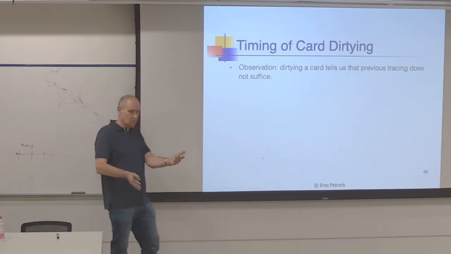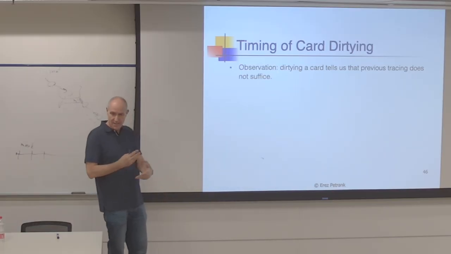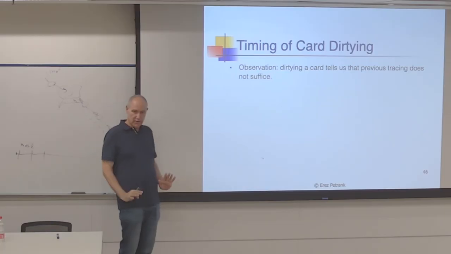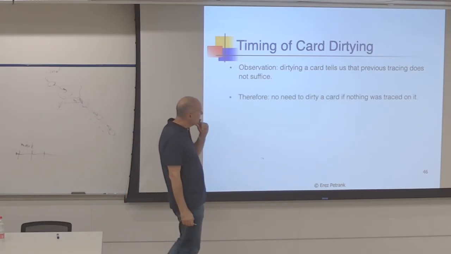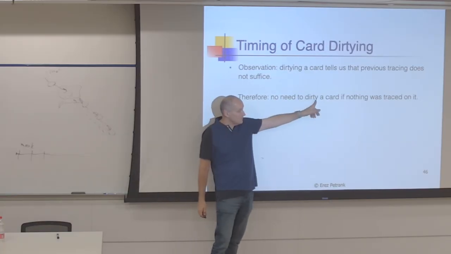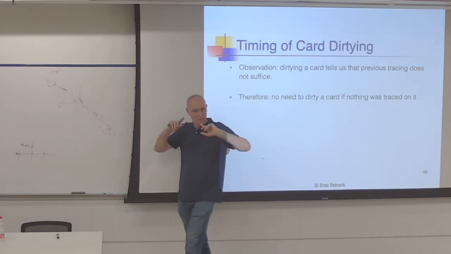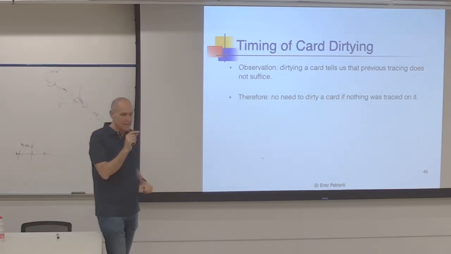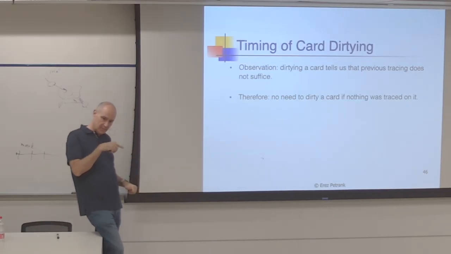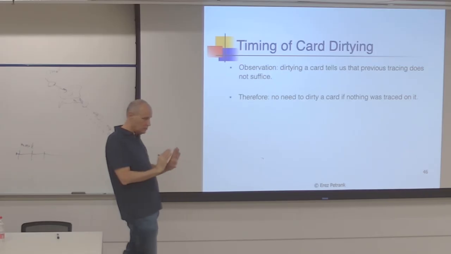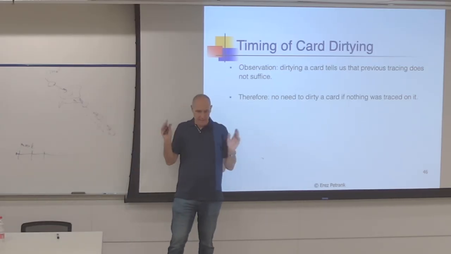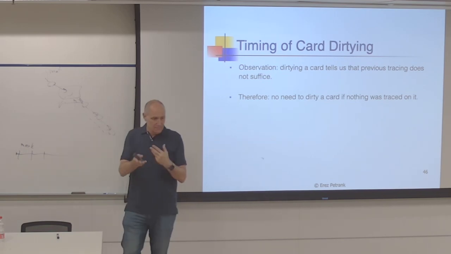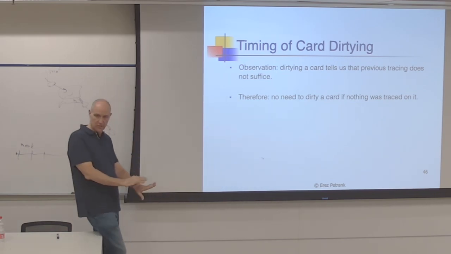If I dirty the card, all the other objects are going to be traced again. It's not good for me. I want to avoid dirtying cards if I don't need to. So I don't need to dirty a card if nothing is traced on this card. When I modify a pointer, I don't want to go through a costly test like, was this specific thing marked or not?